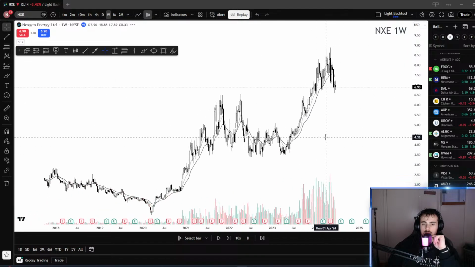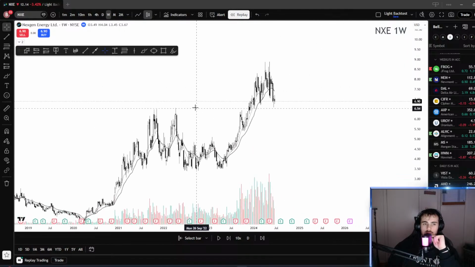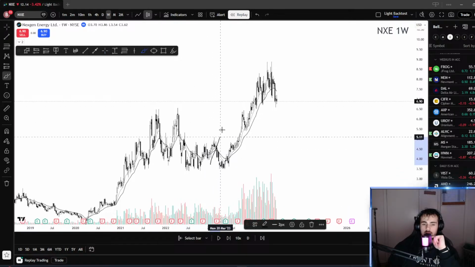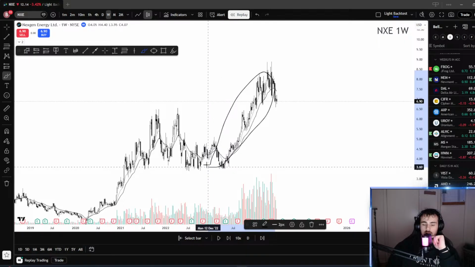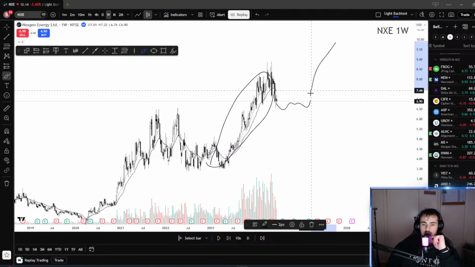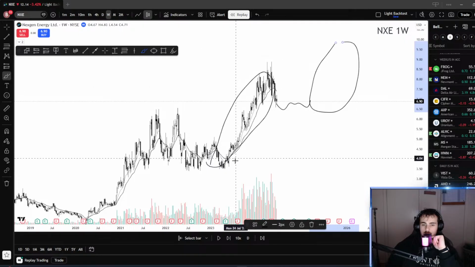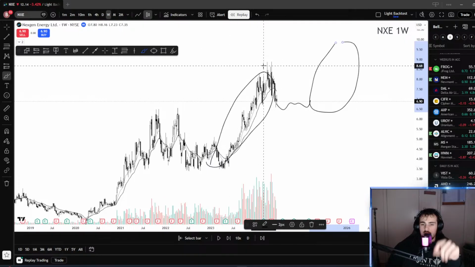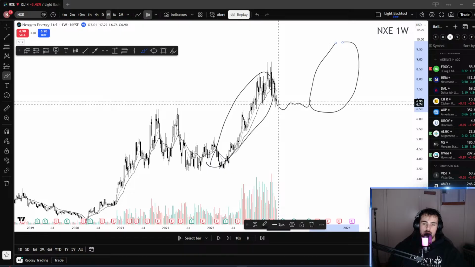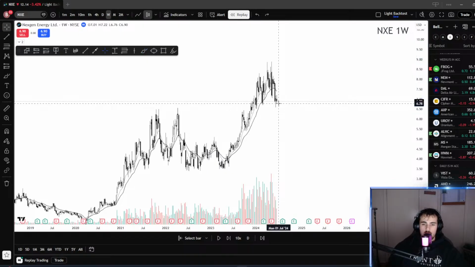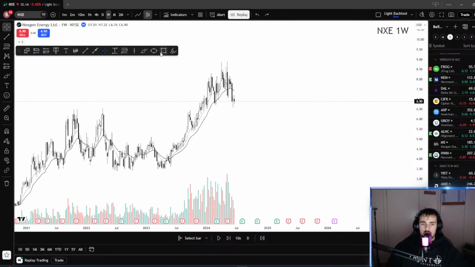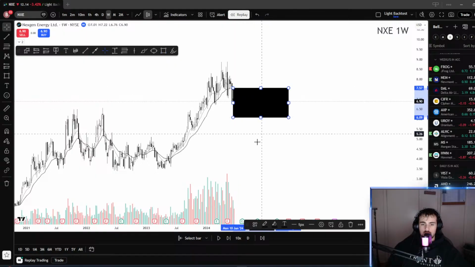Okay, cool. We'll trade this because this has a clear picture of what it's done previously to set the expectation of what could happen in the future. I just see this big move here and then a break below the moving averages. So I know right now I don't want to trade it, but we've entered this area here.